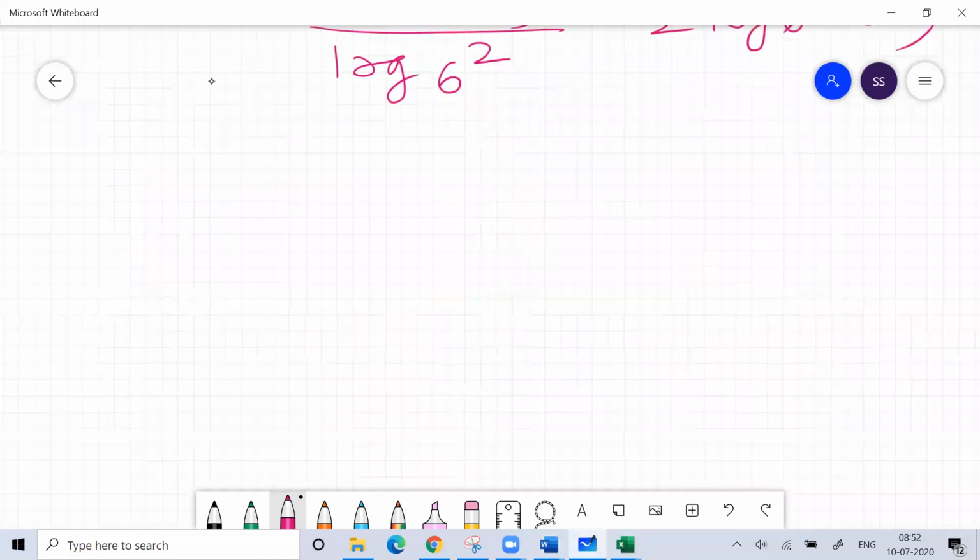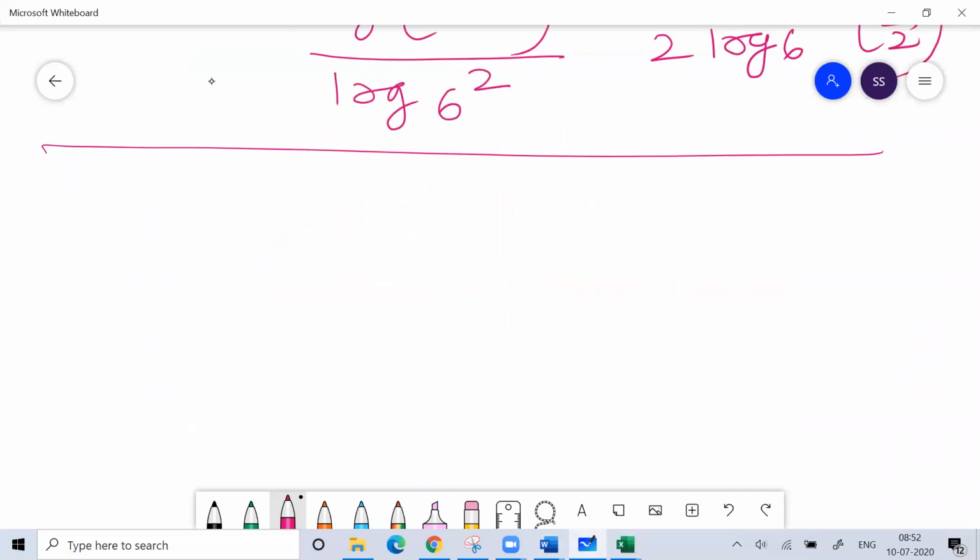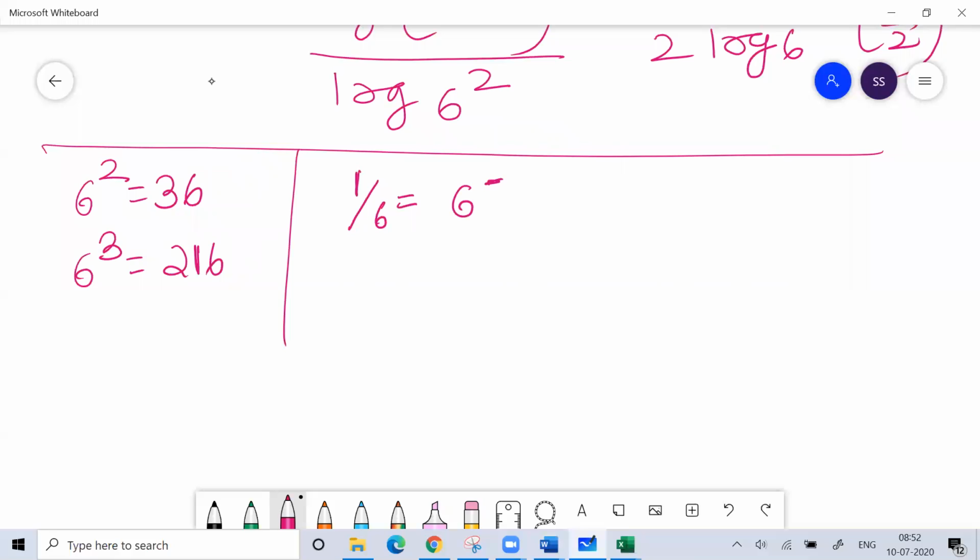Wait, see this. You know that 6 to the power 2 is 36, and you know that 6 to the power 3 is 216. So 1 by 6 I can write as 6 to the power minus 1.